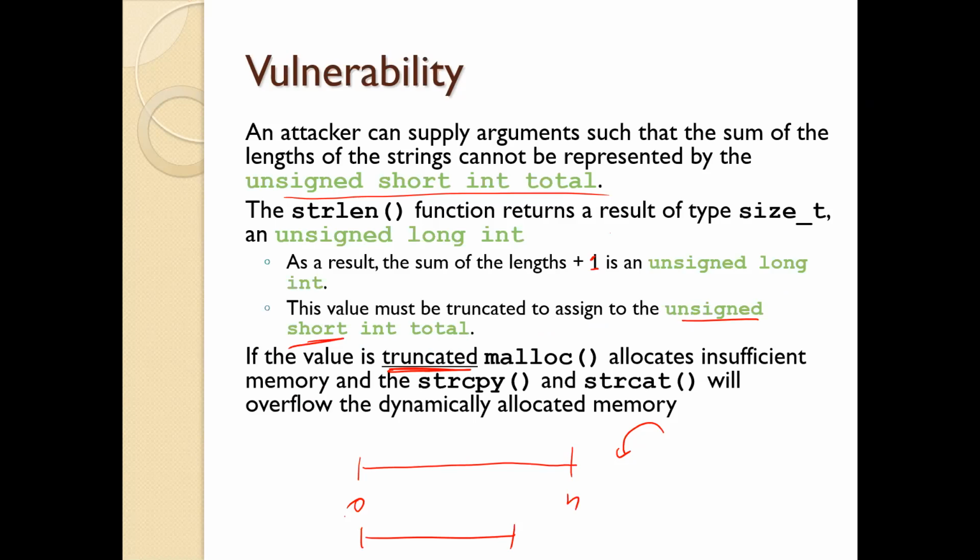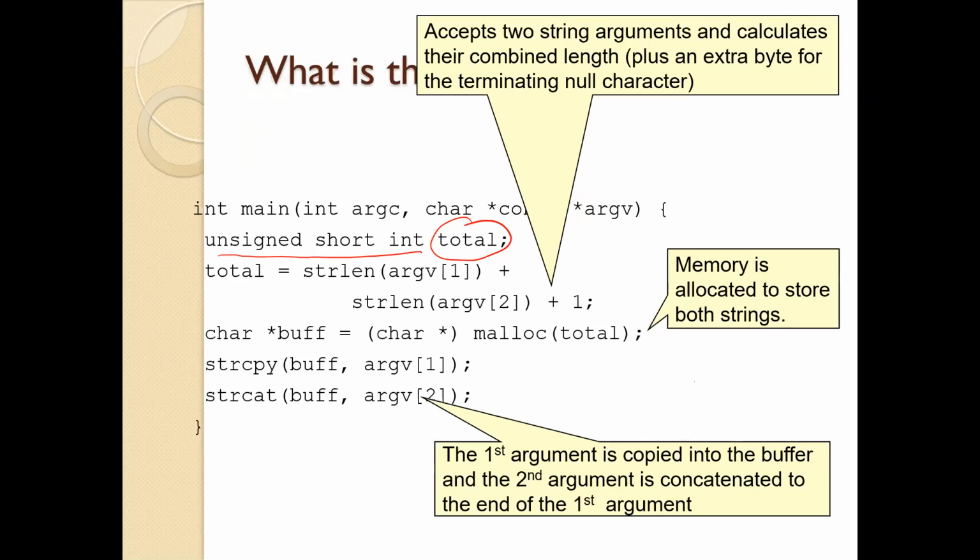And then notice the functions that we were using: string copy, string cat. What did we learn about those functions? Were they good functions to use? Would you recommend them? No, because they can't check the length.